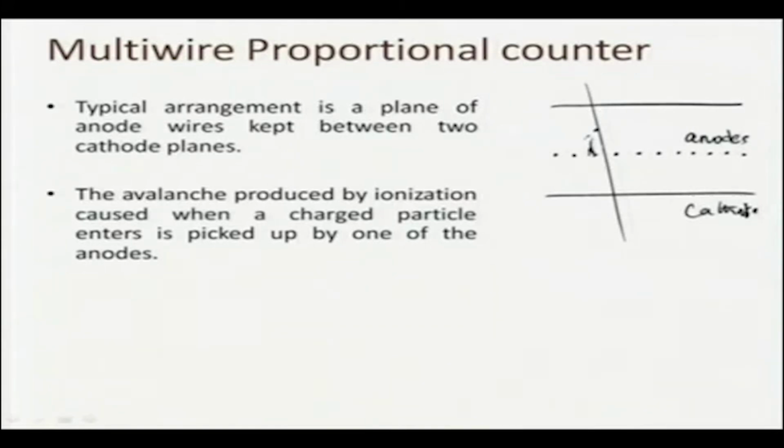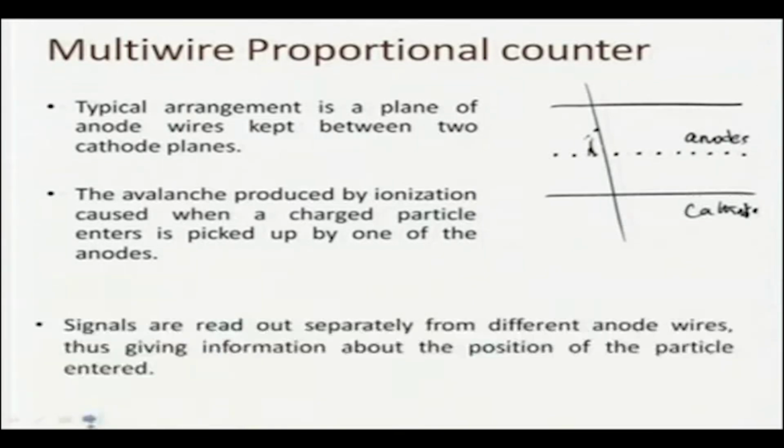In the earlier case, we do not know where it is coming from. There was only one anode wire, and wherever this was produced inside the detector, the same anode wire will pick it up. So, information about the position where the particle passed through was not available, whereas in this case we have different anode wires, and the signal from each of them is read out separately.